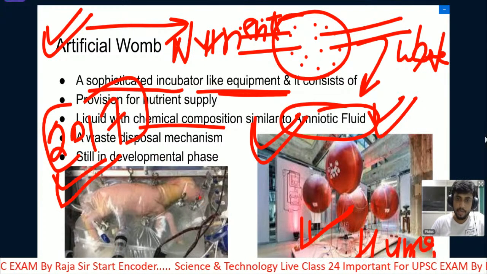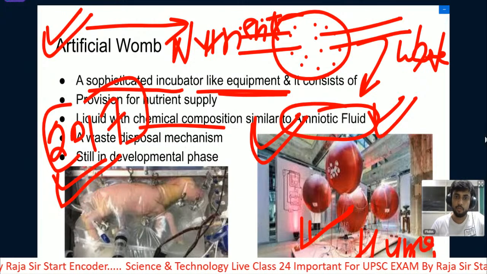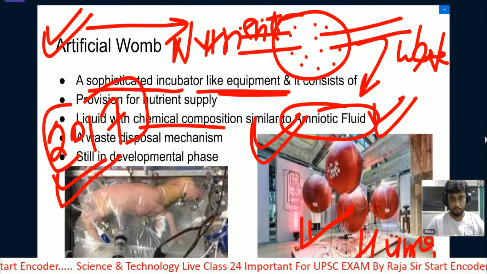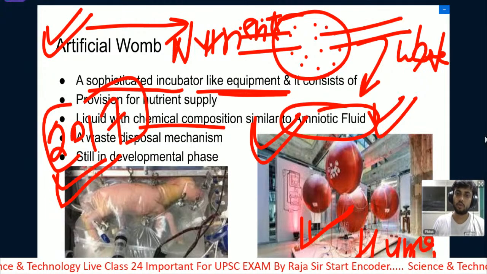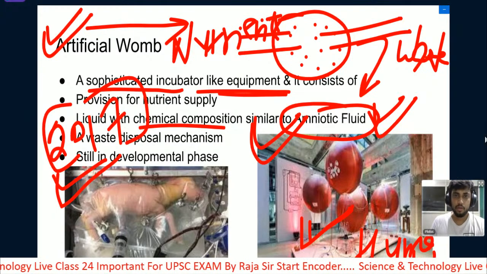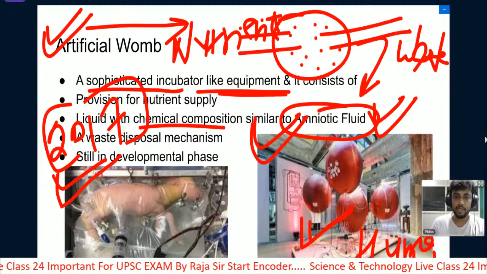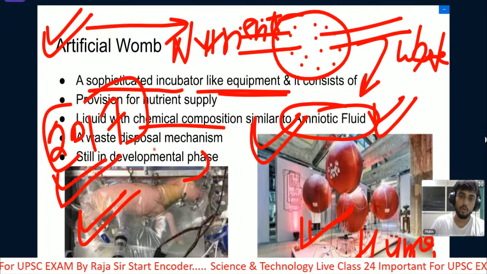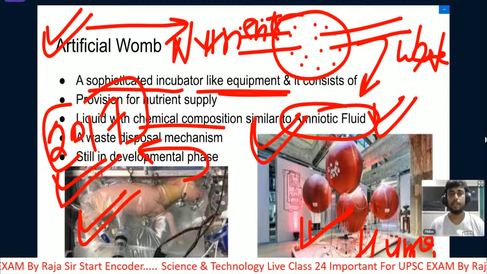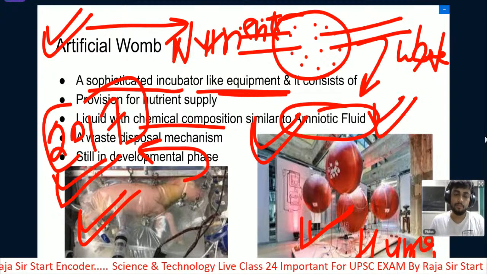This packet-like thing is an artificial womb, and there are certain inlets for the nutrients and certain outlets, and they are providing the optimum temperature conditions. A healthy sheep was born in the year 2017 by the use of an artificial womb.